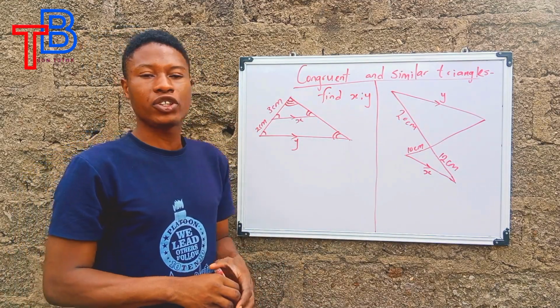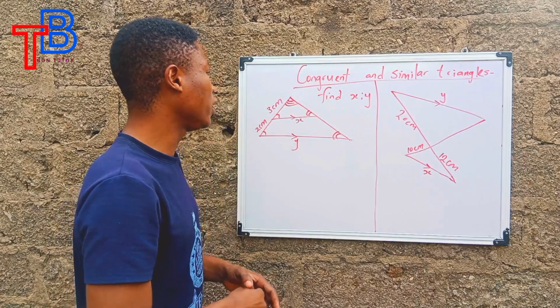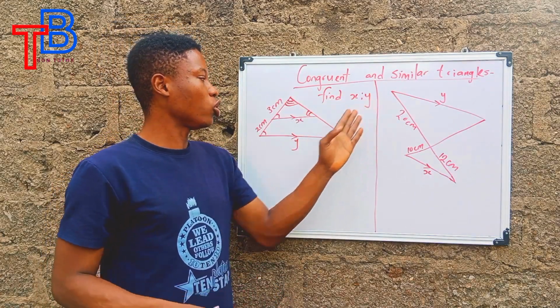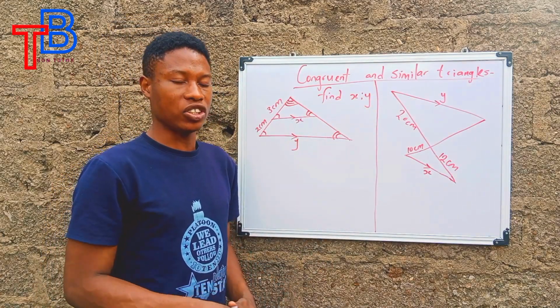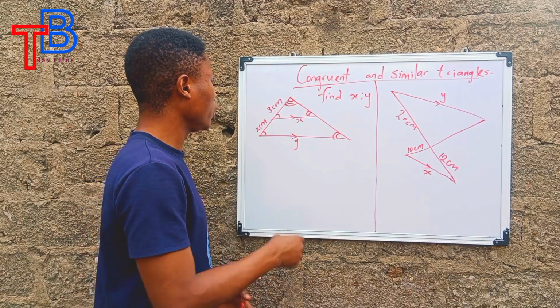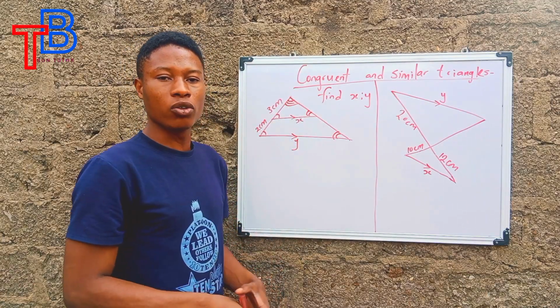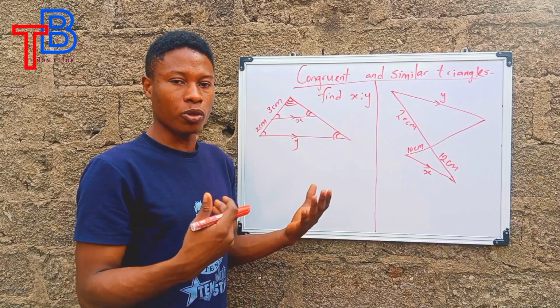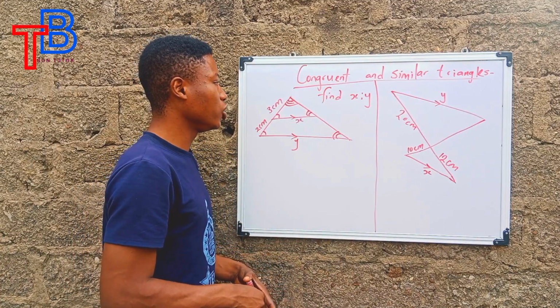If you are looking for the ratio x to y, since your x will be corresponding to your y based on the rules of similar triangles, the other sides of these triangles will also be corresponding with each other.